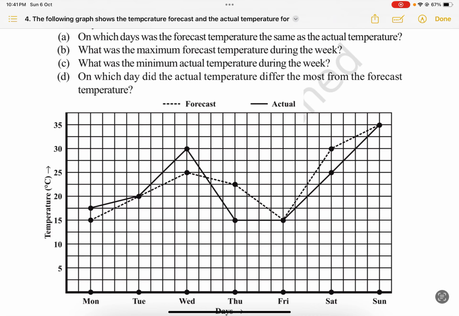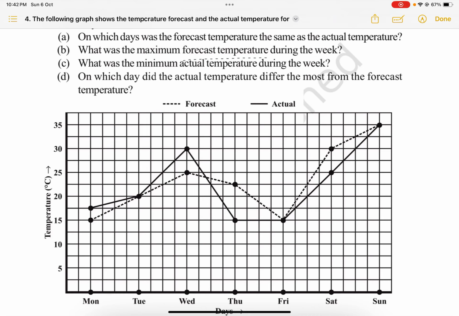So on Friday, the forecast is 15 degrees centigrade and the actual is also 15 degrees centigrade. And again at this point, on Sunday, the actual is 35 degrees and the forecast is also 35 degrees. So wherever the intersection points of these two lines are, you can say that both of them are the same as the actual temperature.